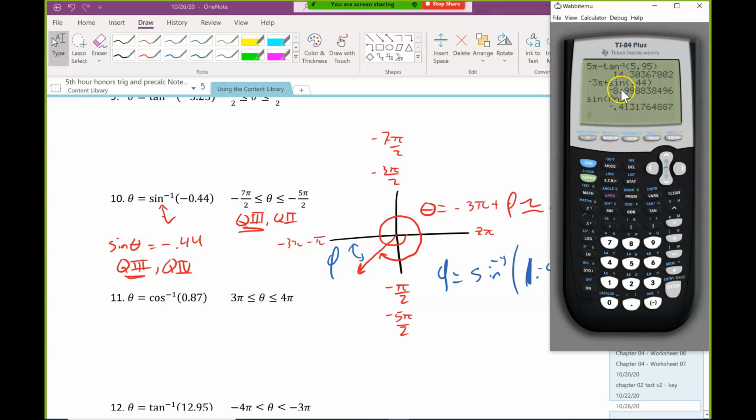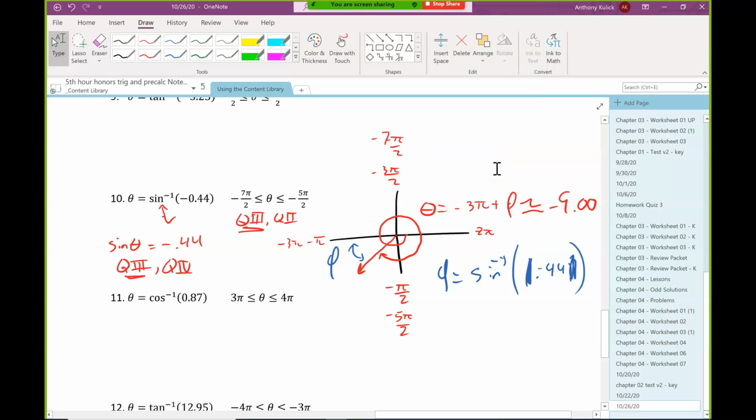Oh, my goodness. Are you about to yell at me because I didn't do sine inverse? You should be, because I typed just sine. I guess I missed the button there. I was like, why didn't that work out exactly right? That would be the reason. That's better. Negative 8.97.